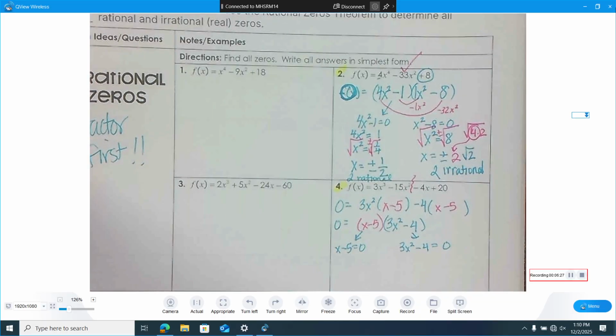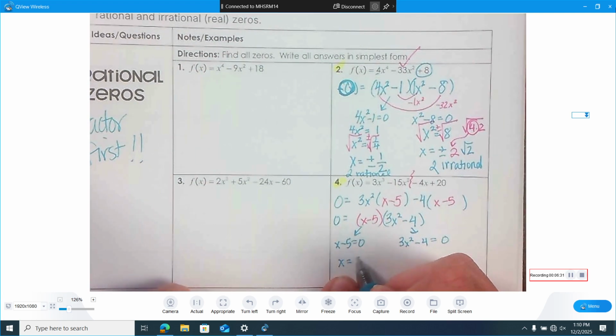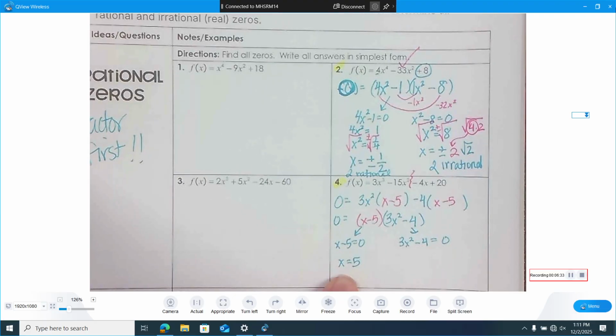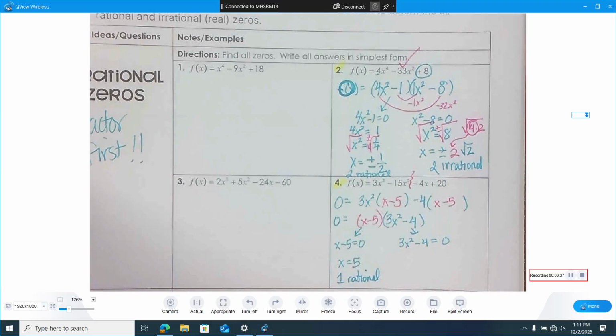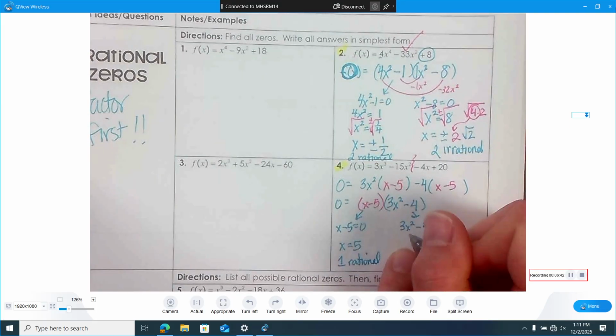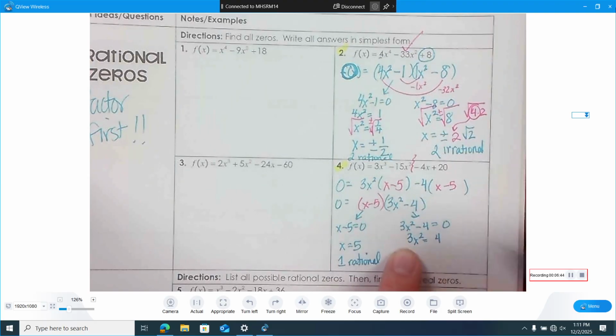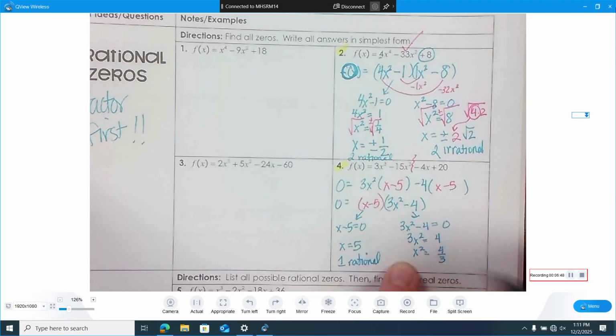And then we can solve for our zeros. So we get x equals 5. That's the easy rational, one rational answer. What about over here? Add 4. So 3x squared equals 4. Divide by 3. So we get x squared equals 4 over 3. And then square root. Don't forget the plus or minus.